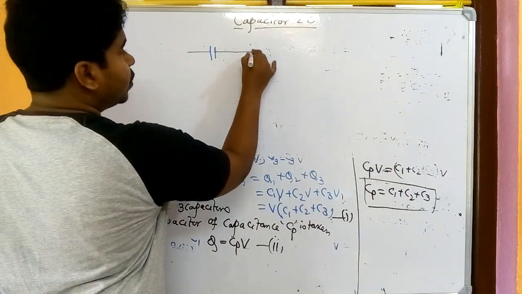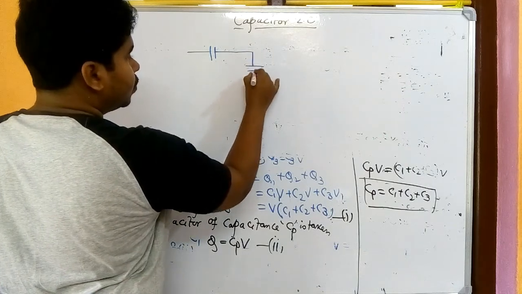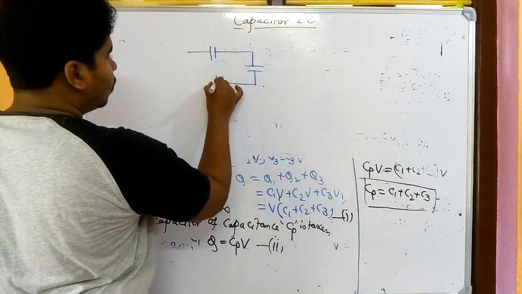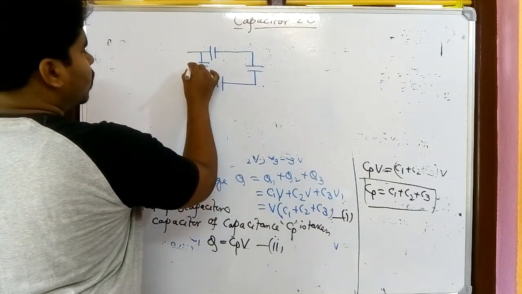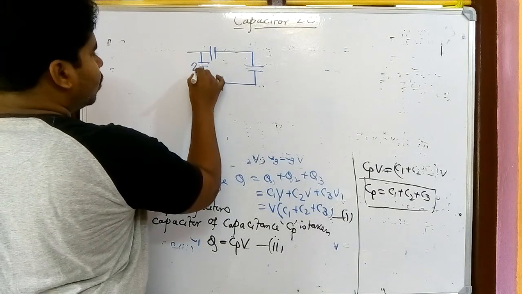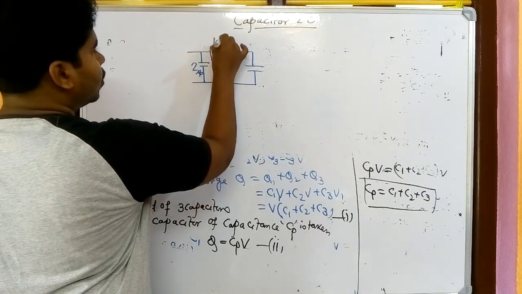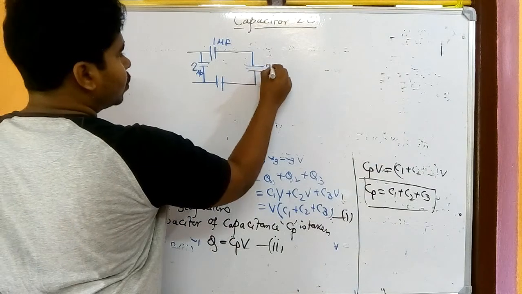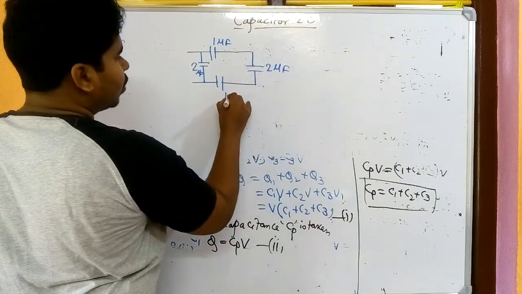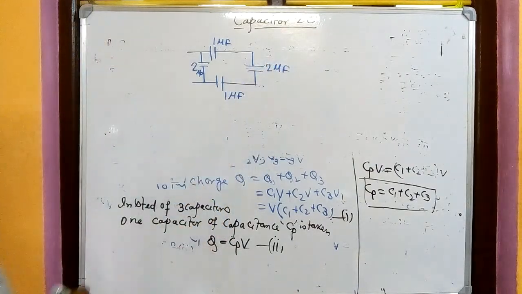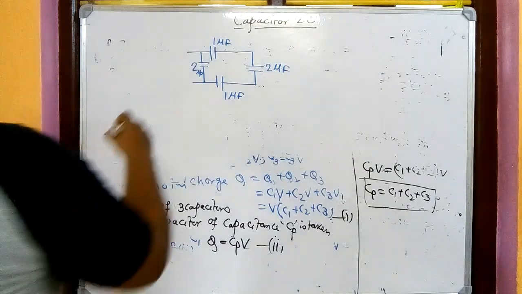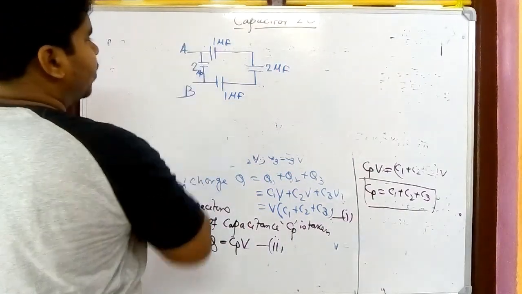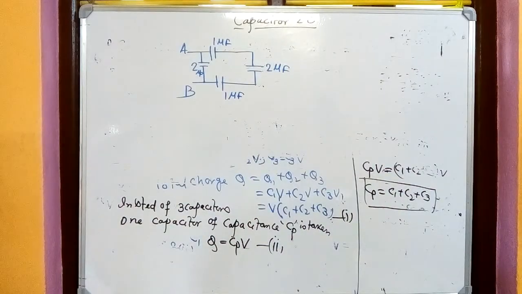So assume it is 2 microfarad, it is 1 microfarad, it is also 2 microfarad and 1 microfarad. I told you to find the resultant capacitance of this network AB, this combination.